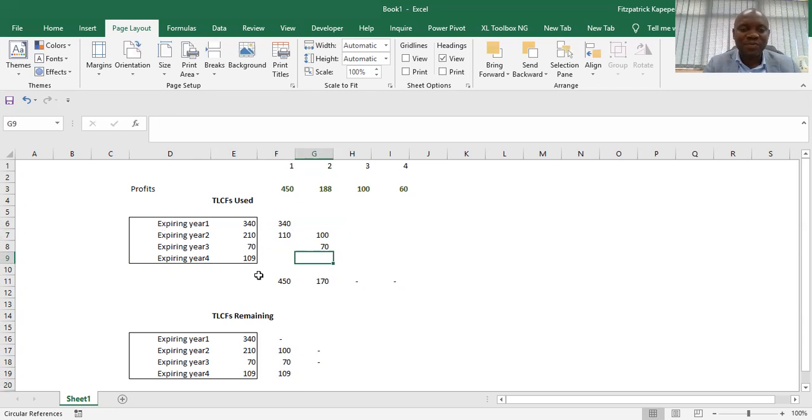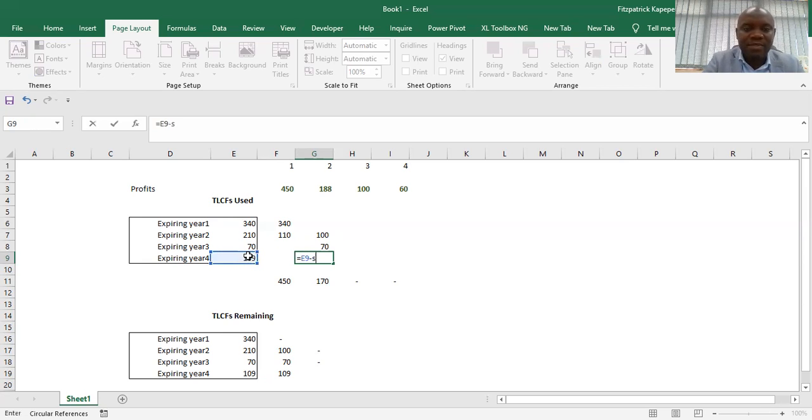You're in year 2, meaning that you have this minus the sum of that, which is that, minus the sum of this.